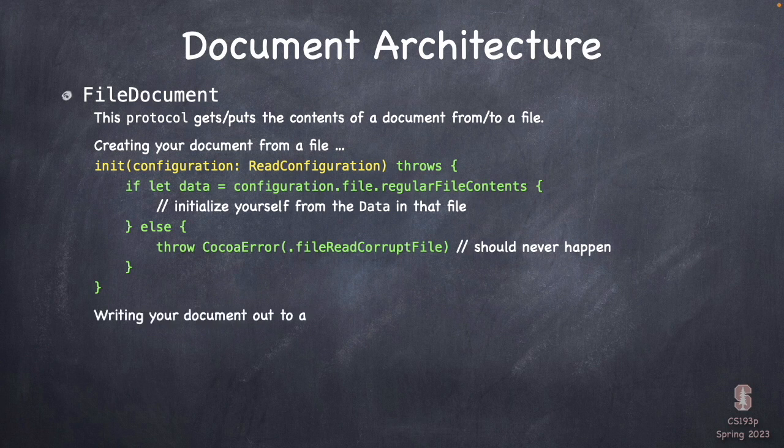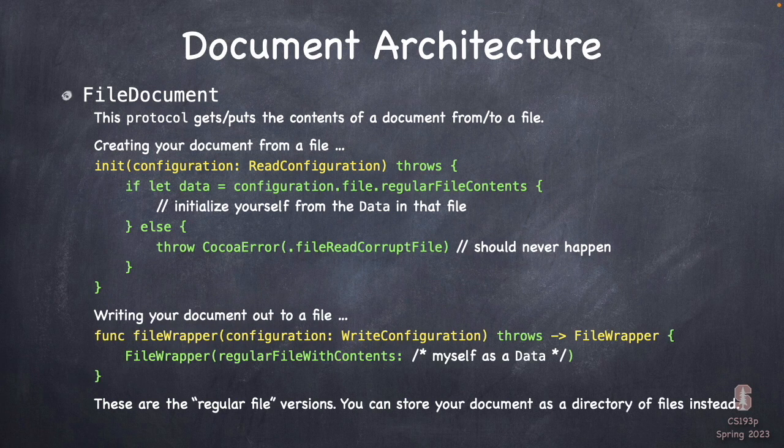How about writing it out? This one's a little bit odd. The function to write it out is called file wrapper, and it returns a file wrapper. The reason is that some files historically in iOS and Mac OS are stored as a directory with a bunch of files in there.